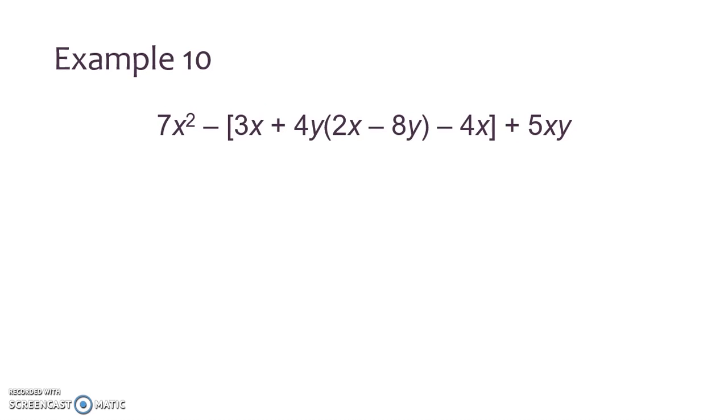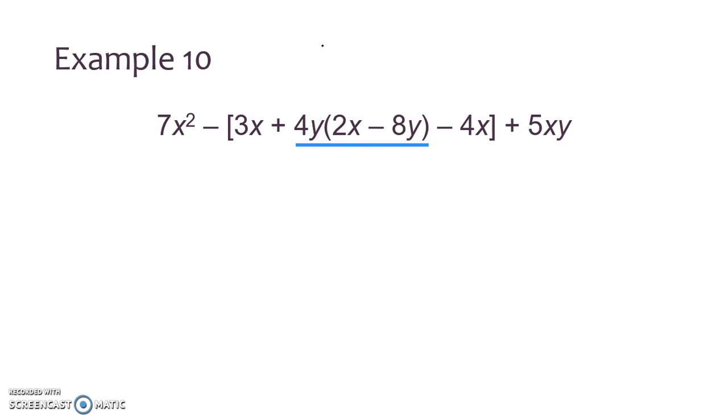So this one we're going to have to use the distributive property and a little bit of order of operations here. We're going to have to go to the innermost set of parentheses first and distribute that. So we're doing the 4y distributed to the 2x minus 8y.